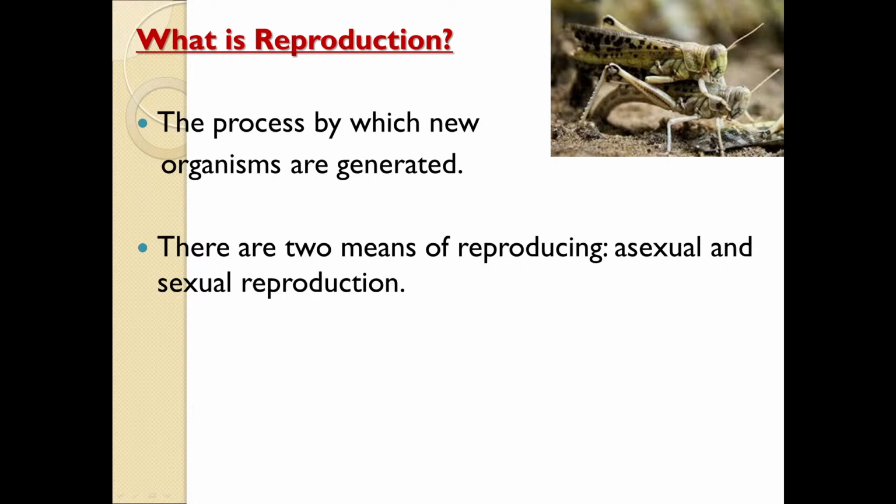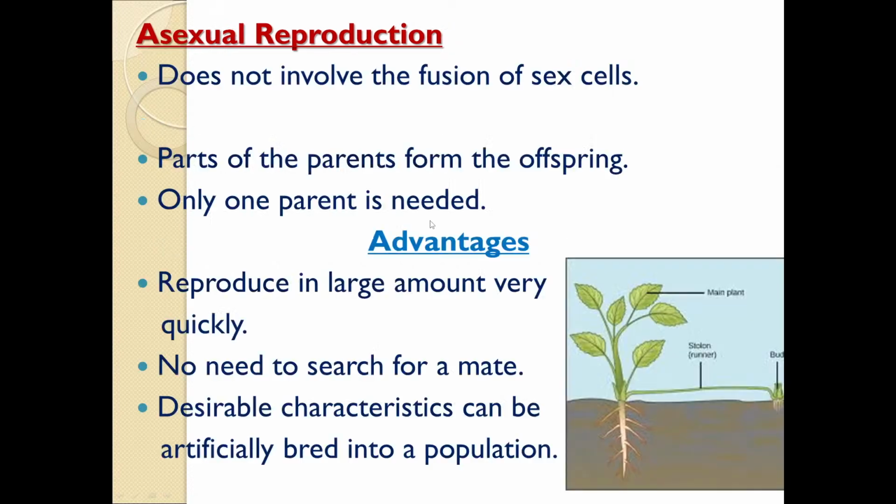Now, there are two types of reproduction. We have asexual reproduction, and we have sexual reproduction. Both of them do the same thing in terms of the main concept, and that is to form a new organism, but in two different ways.